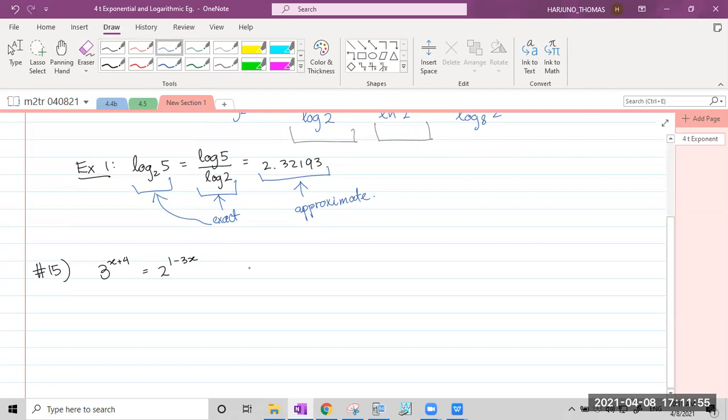We can use base 3, base 2, base 10, or base E. You can use any one of them. Which base do you want me to show first?